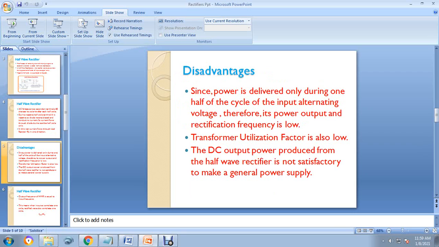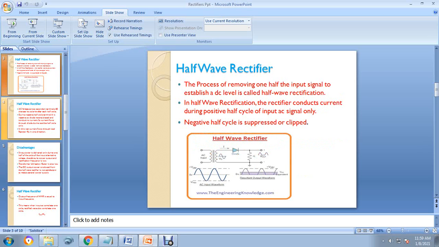The DC output power produced from the half-wave rectifier is not satisfactory to make a general power supply. As you are only utilizing the positive half cycle and the negative cycle has not been utilized, the efficiency is only 40.6 percent for your half-wave rectifier, which is very less.